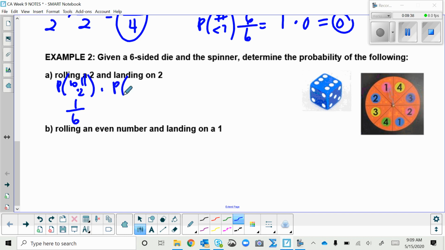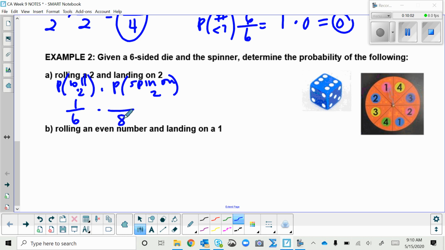Times the probability of spinning or landing on 2. Well, let's look at that spinner for a second. How many possible outcomes are there? So you want to count the individual things. There's 1, 2, 3, 4, 5, 6, 7, 8. There's 8 sections to that spinner, so there's 8 possible outcomes.